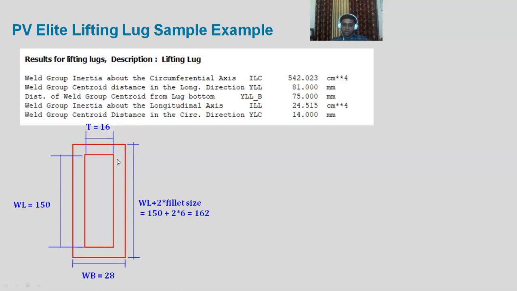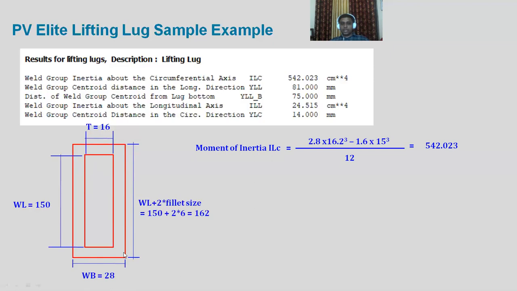So along the circumferential axis, it will have a higher moment of inertia. How to calculate that? Moment of inertia for a rectangle is BD cube by 12, but we don't want to calculate it for the entire rectangle. It will be only this annular space, so it will be the outer rectangle minus the inner rectangle.